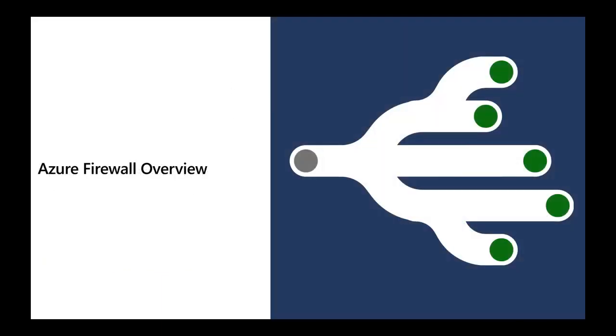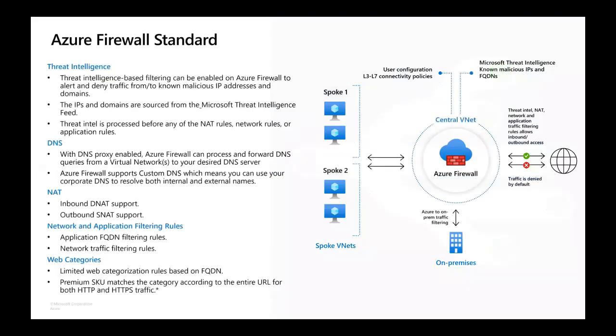To begin us off on this first section, we'll go through an overview of Azure Firewall just to set the background before we go to the actual enhancements. The first firewall SKU that we have is called Azure Firewall Standard. Azure Firewall is a cloud native firewall within Azure.